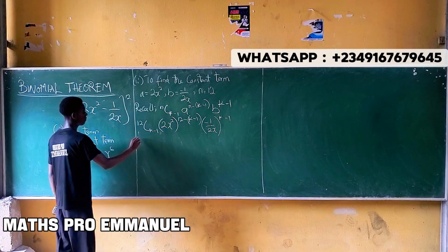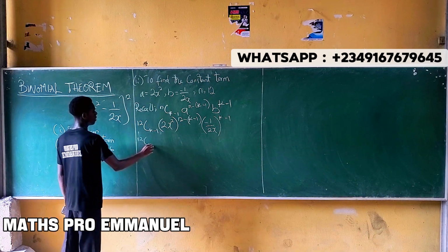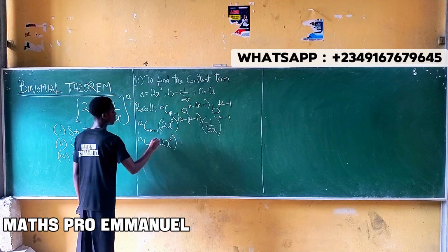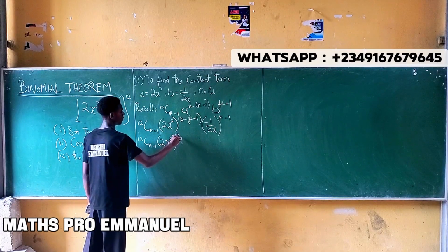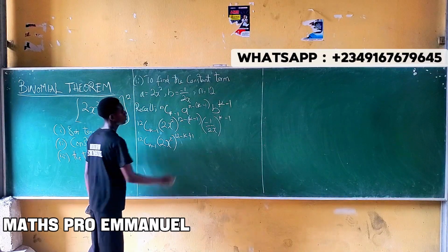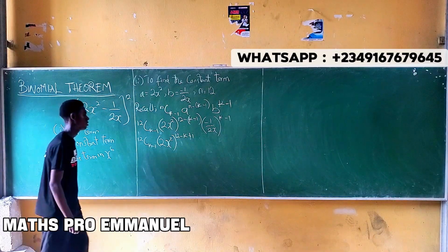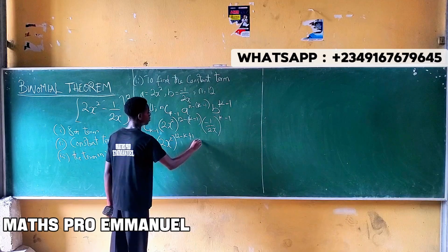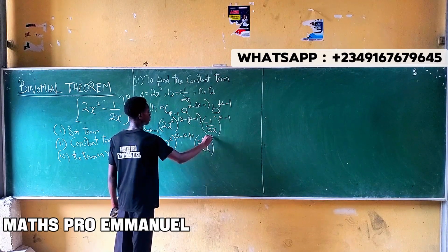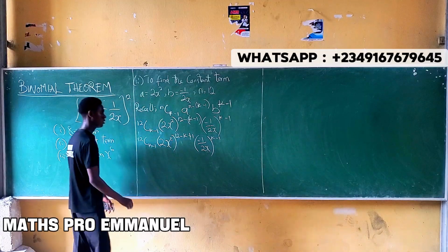So let's continue. I'll have 12 combination k minus 1, 2x squared, all raised to the power of 12 minus k plus 1, because minus times minus is plus. Here will be minus 1 over 2x, all raised to the power of k minus 1.